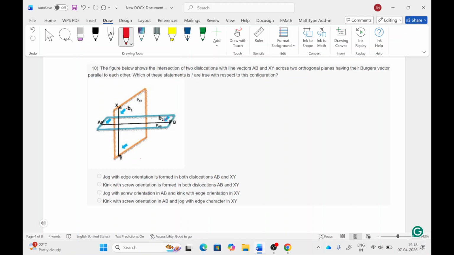So two edge dislocations with parallel Burgers vectors will generate kinks of screw character. So the second option, which says kink with screw orientation is formed in both dislocations AB and XY. So this is case 2.